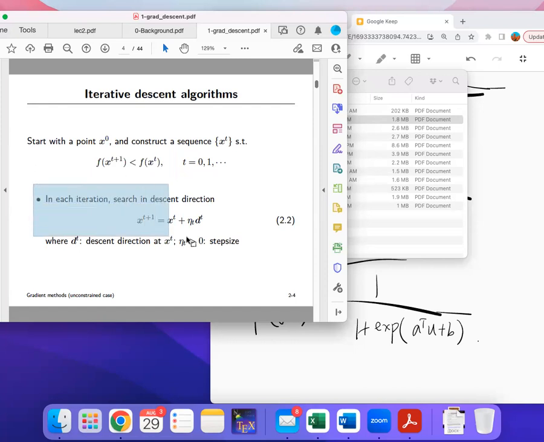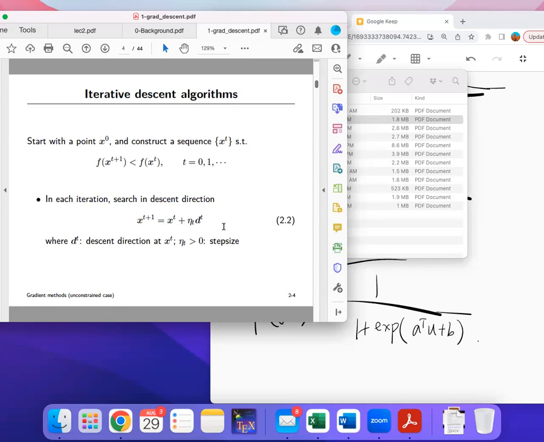And then a very fundamental idea is to design the iterative process in the following way. The next variable xt+1 is based on the previous variable xt, plus some kind of update. This dt is the update direction. The previous iteration is at xt, and I'm going towards the dt direction.